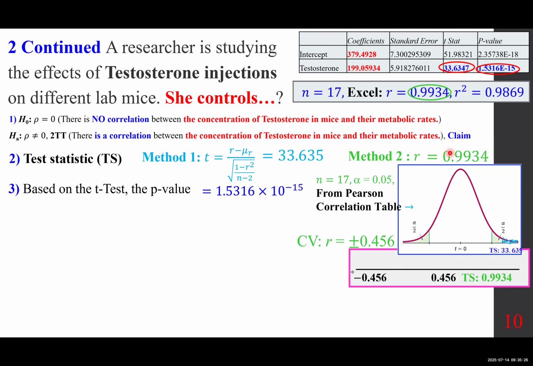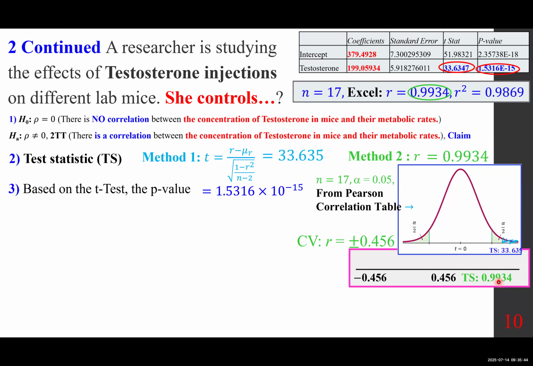If you draw a line, it goes really from -1 to 1. But we are interested in these 2 points, negative 0.456 and positive 0.456. This R is way into the rejection region.